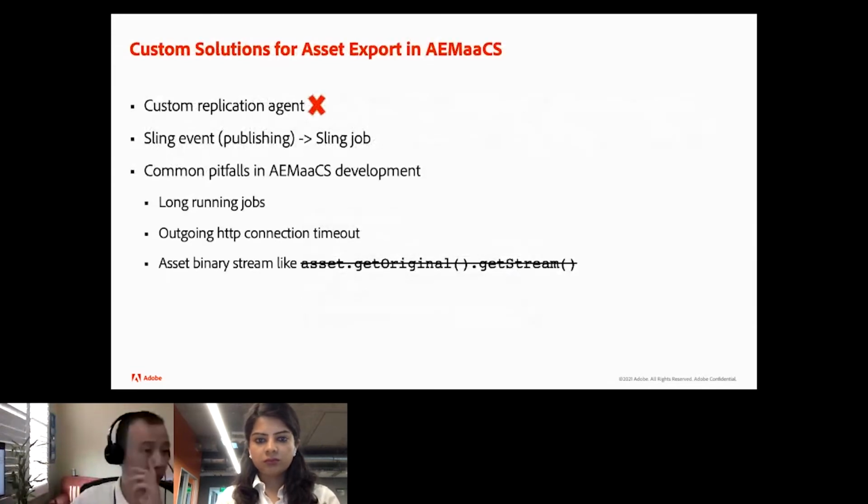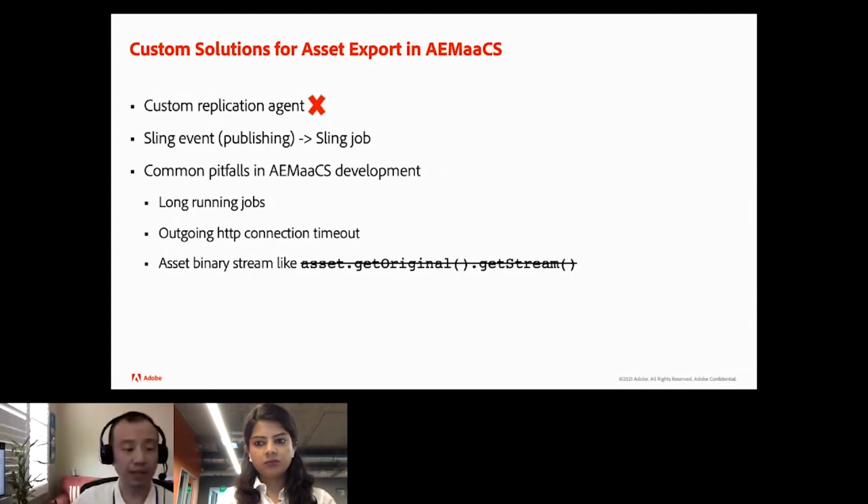So in a traditional implementation, you can implement a custom replication agent with an export, and a custom application that pushes the binary into a third party when the publishing event happens, right? But custom replication agents are no longer supported in AEM as a cloud service.